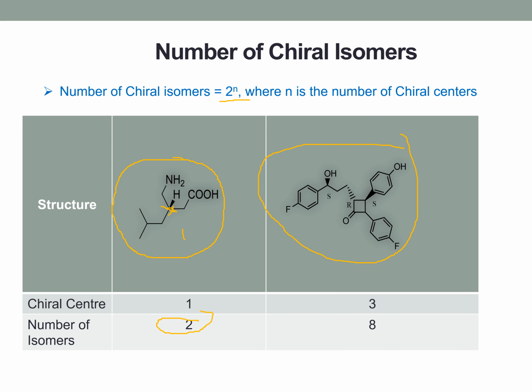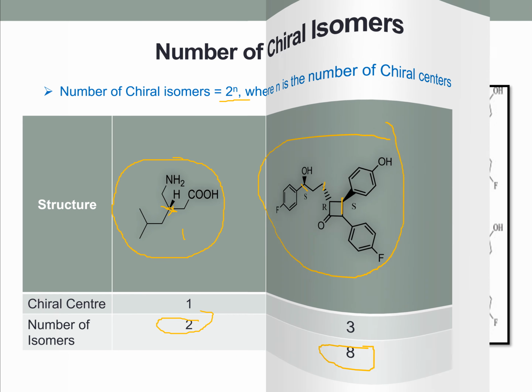There are three chiral centers. Hence, 2 to the power 3, that is, it will have 8 isomers. We are going to discuss all 8 isomers in the next slide.